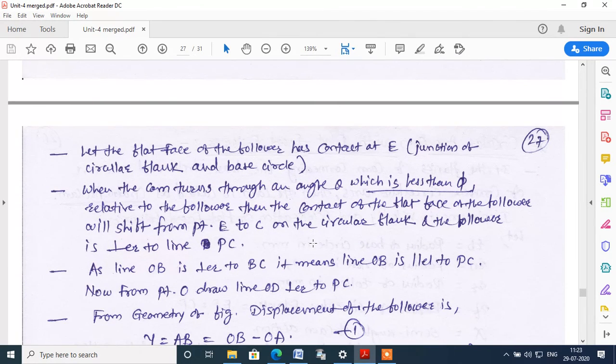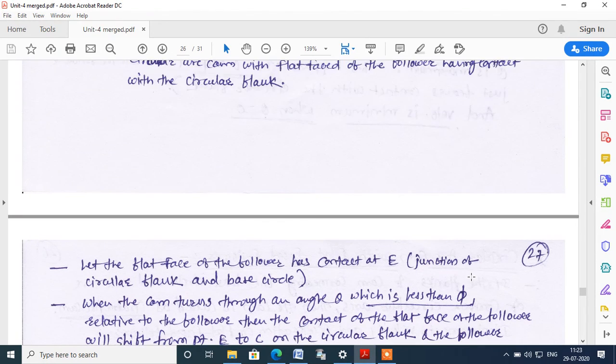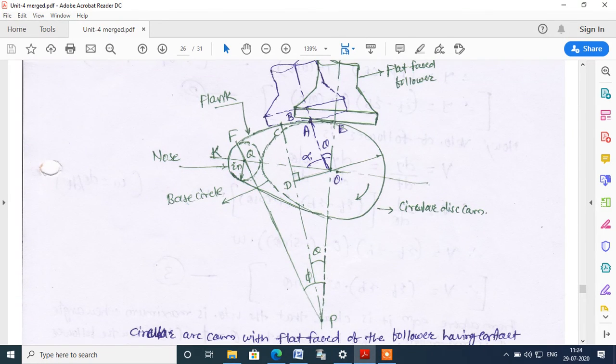Let the flat face of the follower have contact at point E. When the cam turns through an angle theta, which is less than phi, relative to the follower, the contact of the flat face of the follower will shift from point E to C. So here it is shifting from point E to point C, correct?